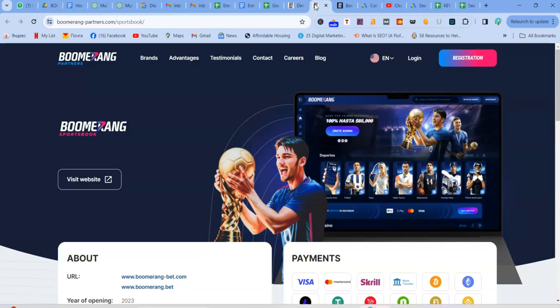Firstly, you want to ask the campaign objectives. What are Boomerang Partners' primary goals for their PPC campaign, right? Is it brand awareness, app downloads, lead generation, or player acquisition for specific casinos?